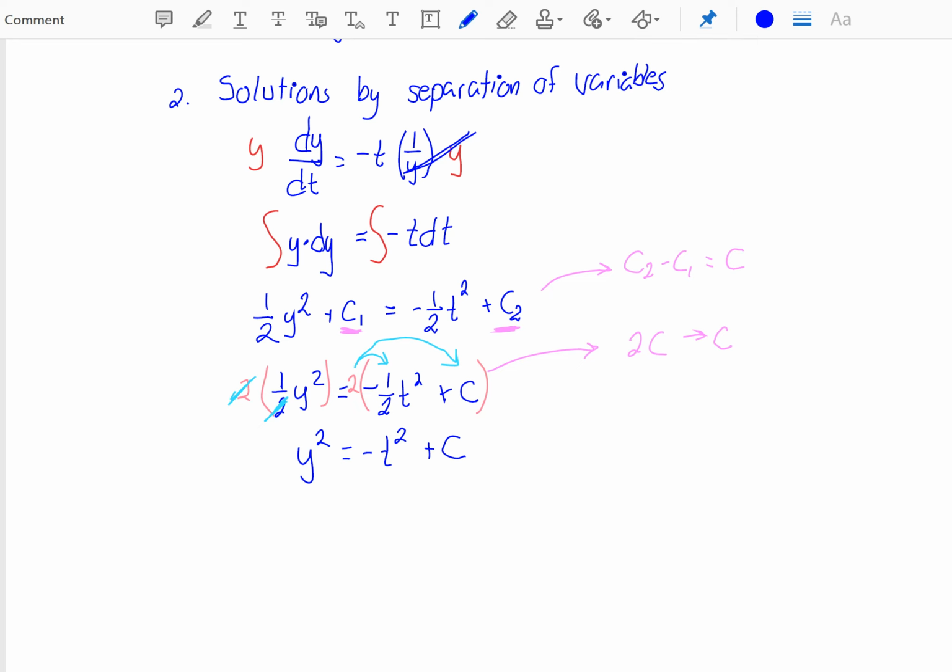Okay, now we'll solve for y by taking the square root of both sides. Remember, when taking a square root, don't forget you need to have the plus or minus in front. And this will be our general solution.